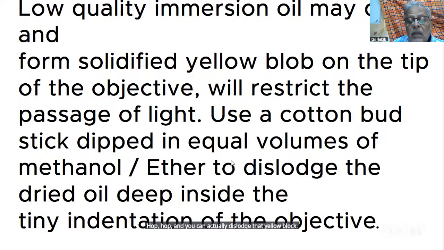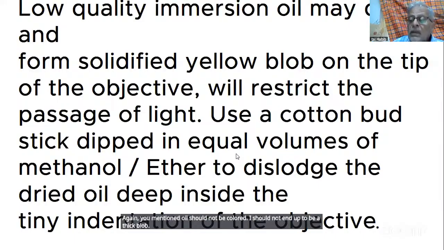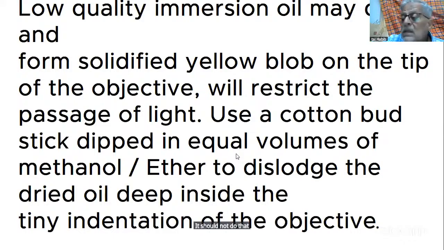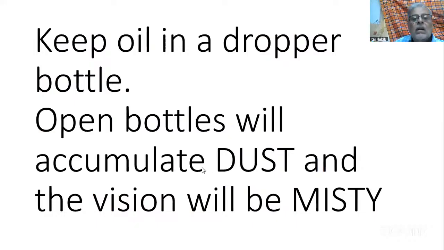Again, immersion oil should not be colored, should not end up to be a thick blob. It should not do that. It is clear, it doesn't dry, it doesn't become a blob. Keep oil in a dropper bottle. An open bottle will accumulate dust.